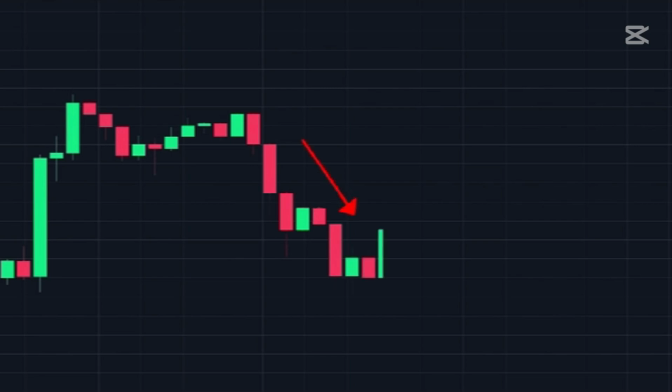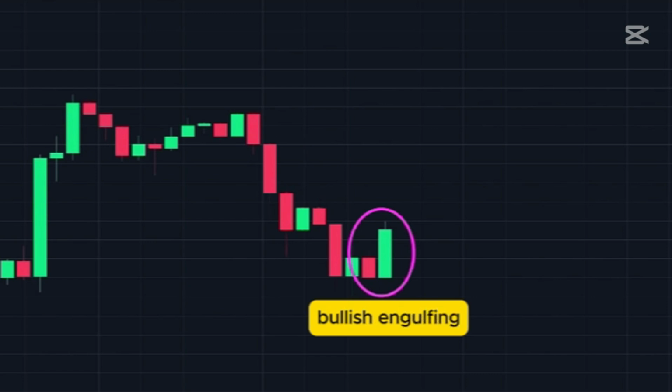When seeing an engulfing pattern at a price level, it can signal a potential trend reversal. For example, if price is in a downtrend and a bullish engulfing pattern is formed, it could signal an upward reversal. Meaning prices may increase.